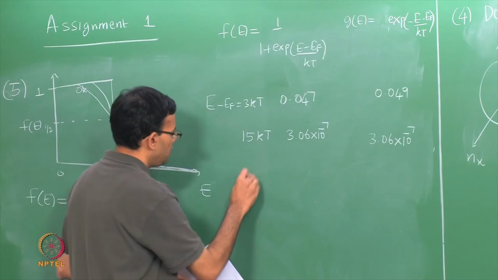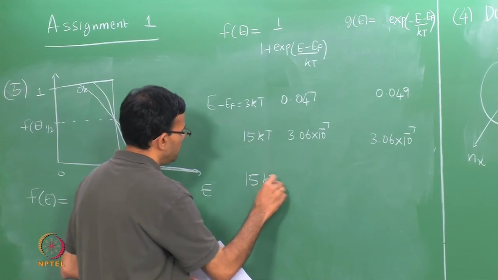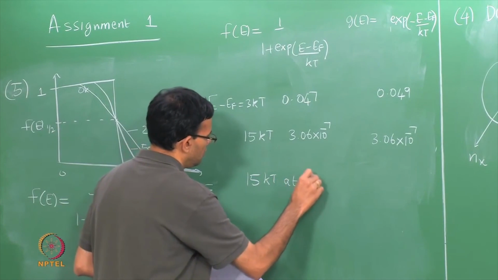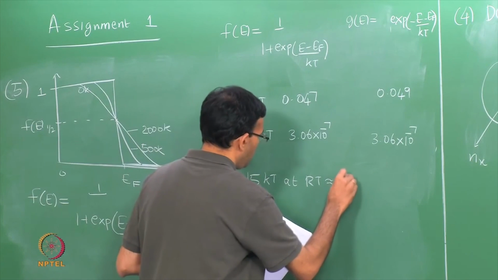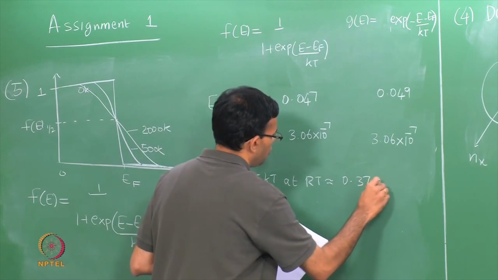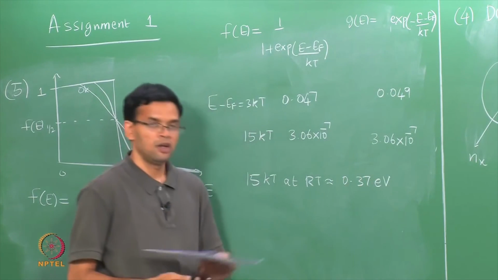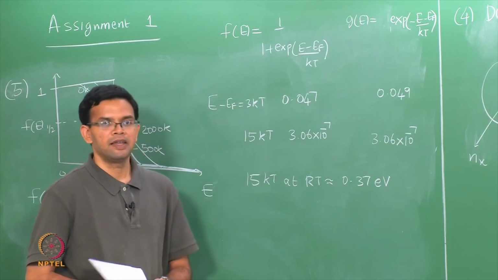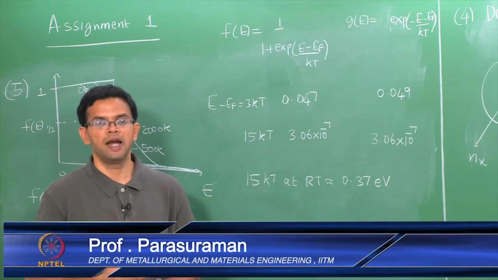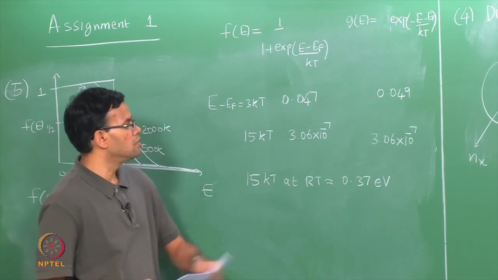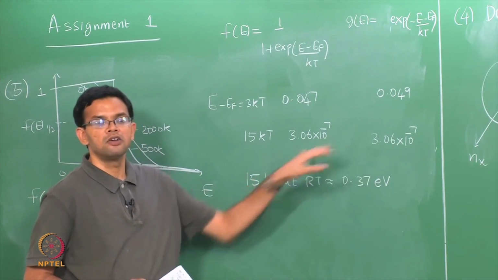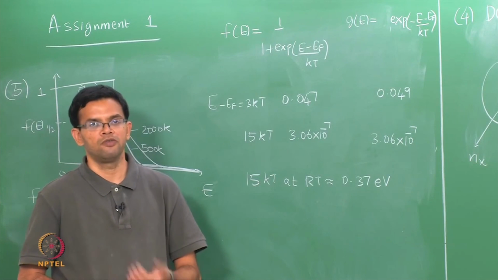If you want to look at it, 15 k T at room temperature is approximately 0.37 electron volts, which is smaller than the band gap of silicon or half the band gap of silicon. So, in the case of solids, the Boltzmann function is a good enough approximation of the Fermi function.